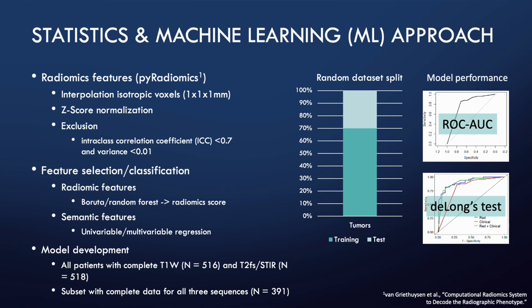To derive the models, the respective datasets were randomly split into training and test subsets using a 70-30 ratio. Model performance was assessed using AUCs of ROC curves. The Long's test was used to assess differences in AUCs between different models.